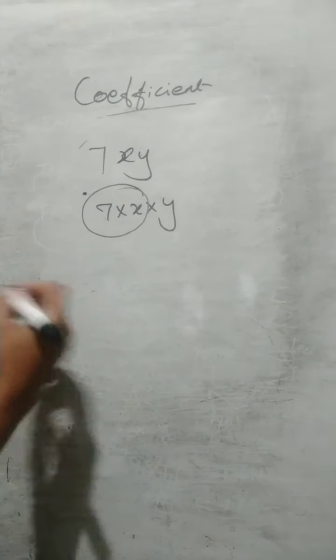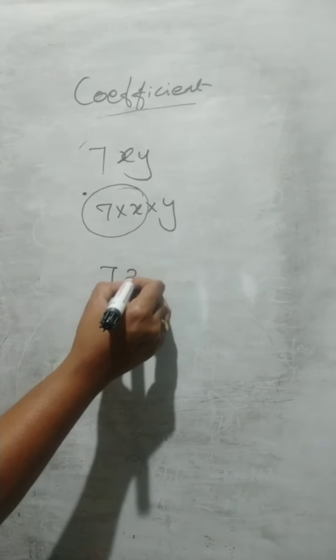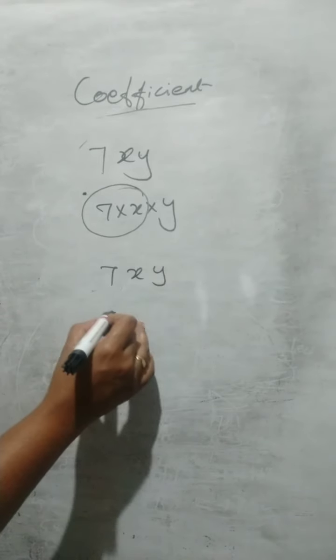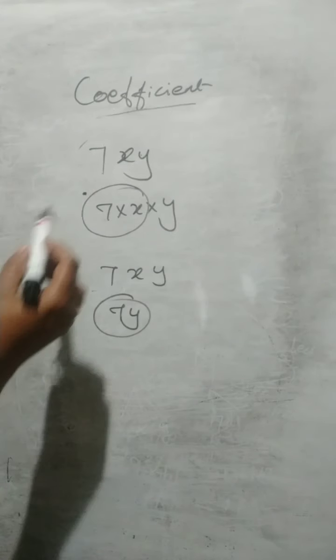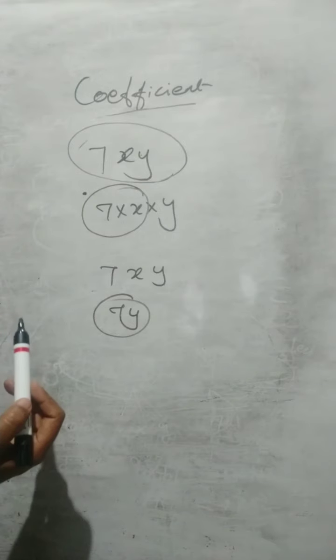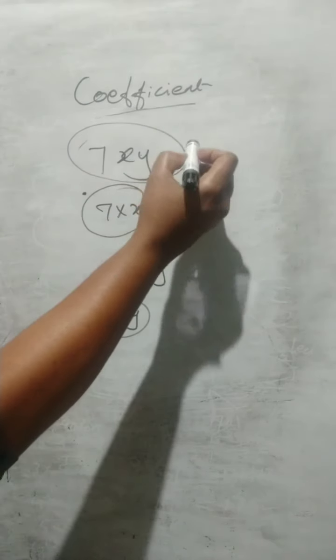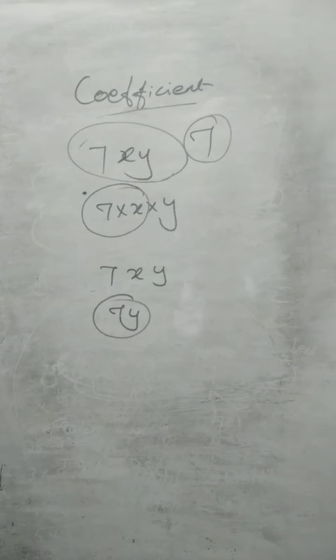Clear? But maybe we can ask, what is the coefficient of x? Then we can say 7y is the coefficient of x. If they are asking simply what is the coefficient of 7xy, then we have to mention the numerical coefficient, the numerical factor.